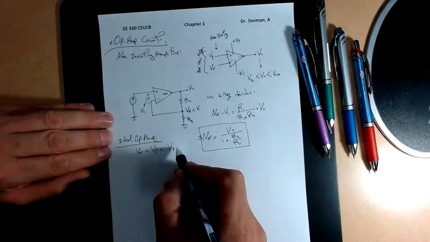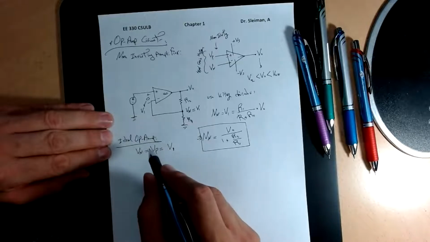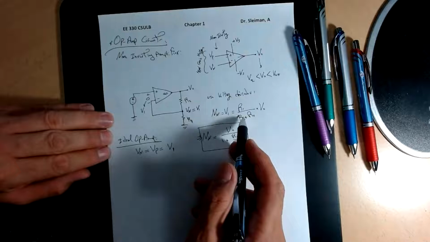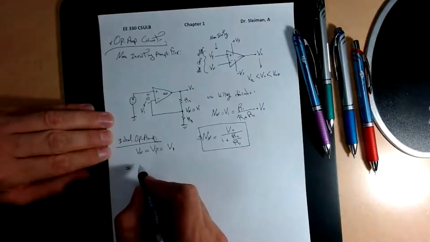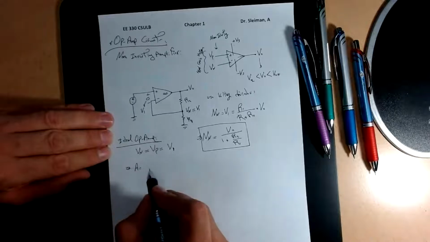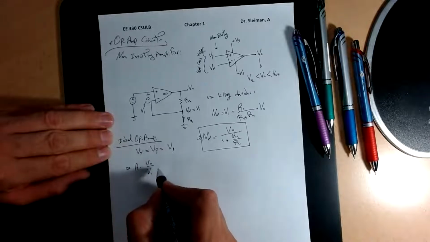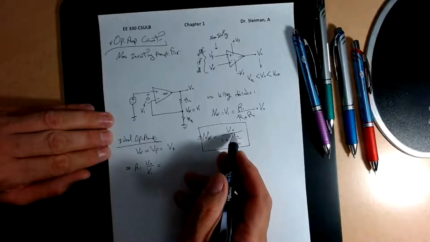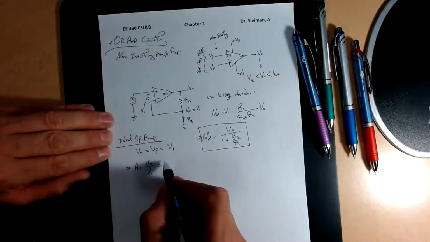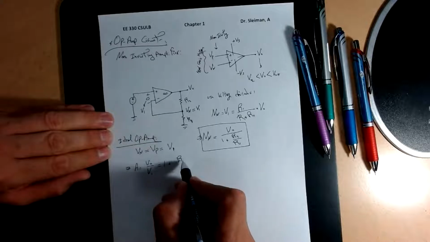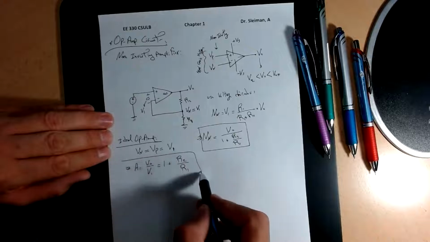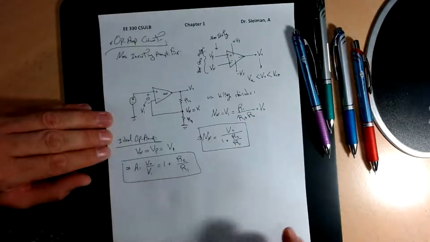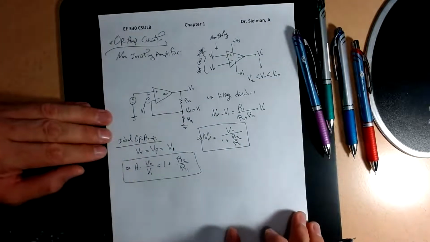So we're going to substitute whatever voltage here for Vn, knowing that the gain is equal to V0 divided by V1. When we set up this, we end up with V0 divided by V1 is equal to 1 plus R2 divided by R1. This is for the non-inverting amplifier.